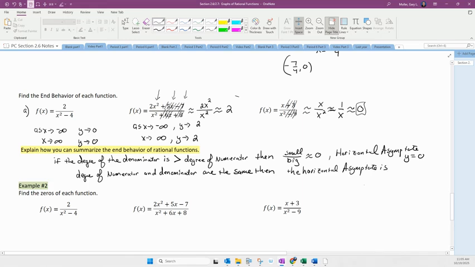It is simply going to be the ratio of their leading coefficients.